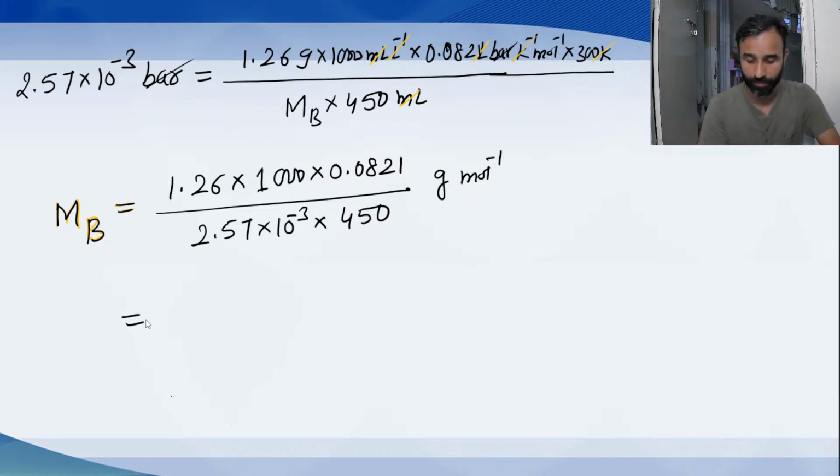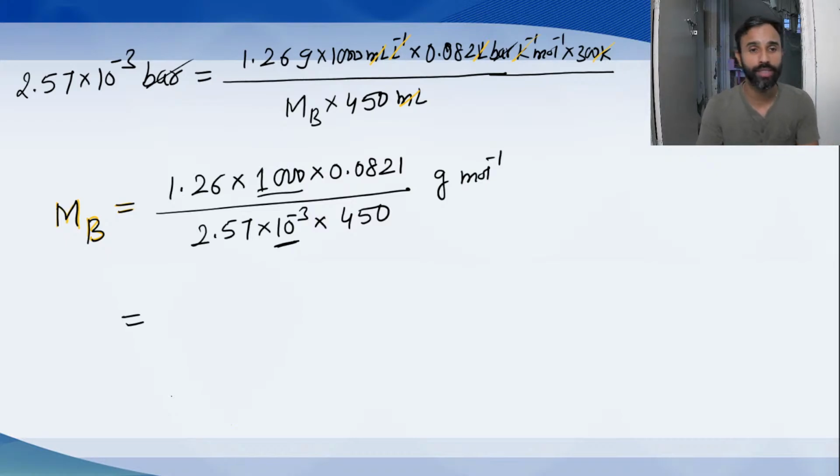So the value is 1.26 into 1000, this 1000 and that 1000 cancel, into 0.0821 divided by 2.57 divided by 450.